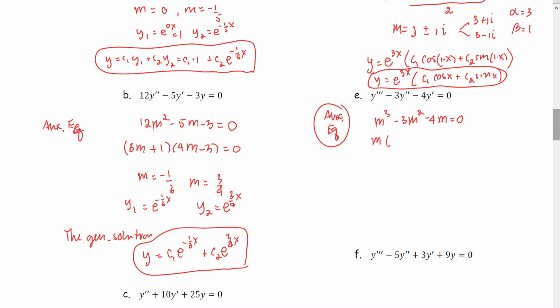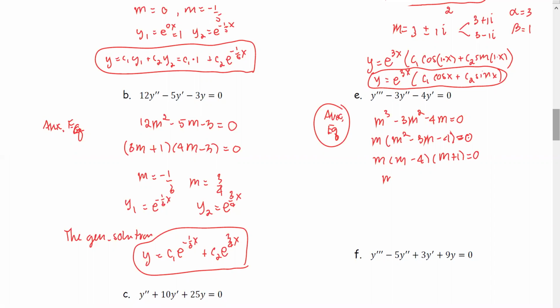Factor the common factor m out. We have m multiplied by m squared minus 3m minus 4 equals 0. And factor a little bit more to get m minus 4 times m plus 1 equals 0.